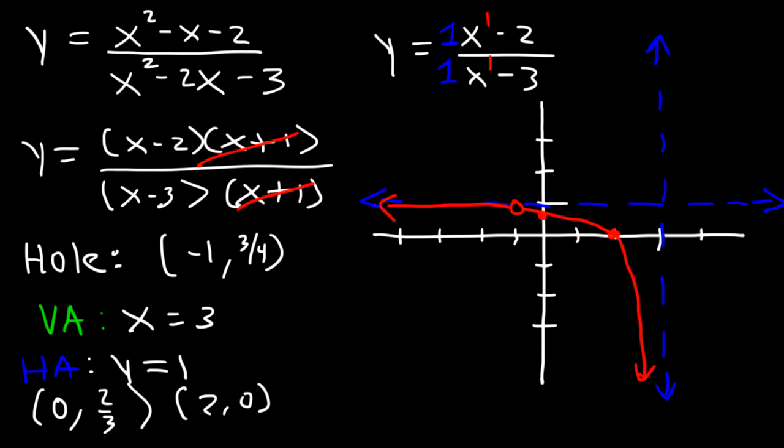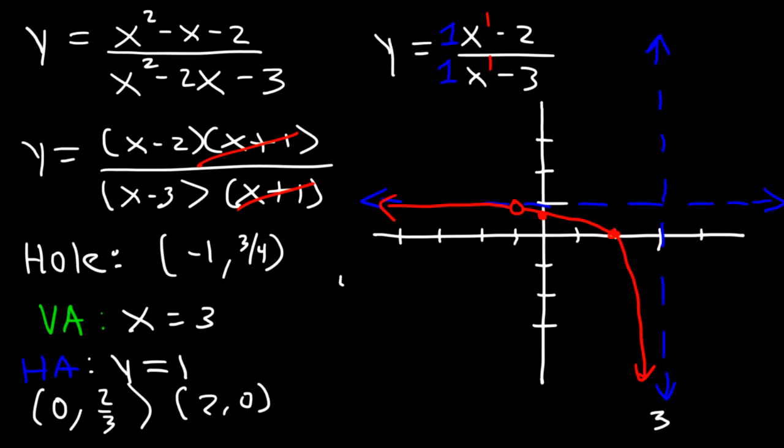Now what about the right side? Chances are the graph is going to be in this region. But to find out for certain, we can plug in a number. The vertical asymptote has an x value of 3. So let's plug in a number greater than 3. Let's try 4 using this equation. If you use this one, you'll get the same answer because these two cancel.